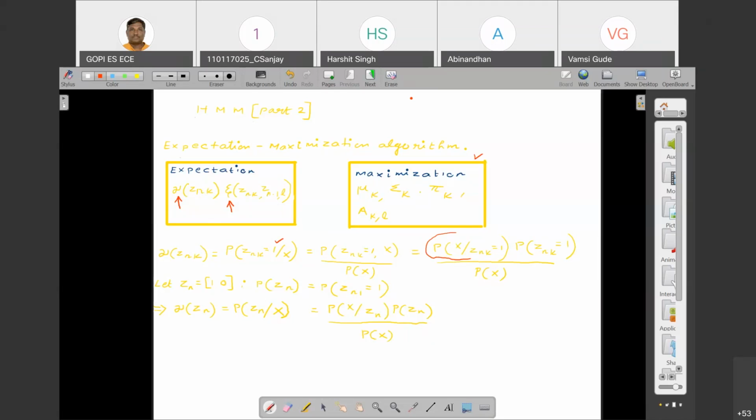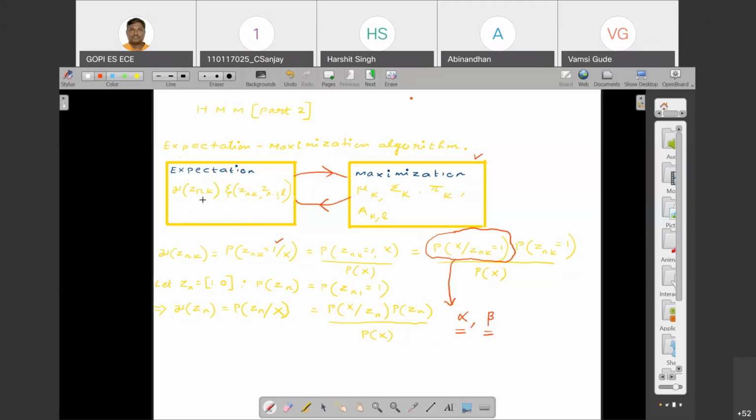To get this expression, we are additionally introducing another two parameters, which we call alpha and beta. It means that your expectation and maximization is in the loop. That is fine.